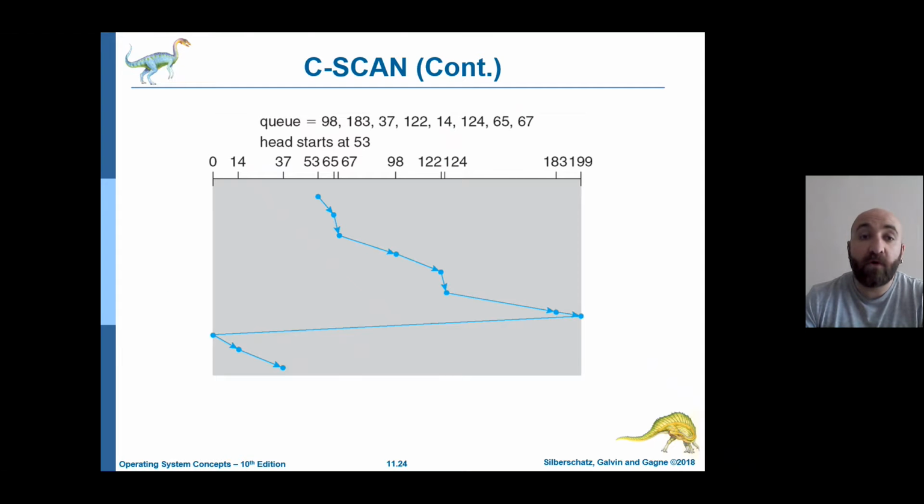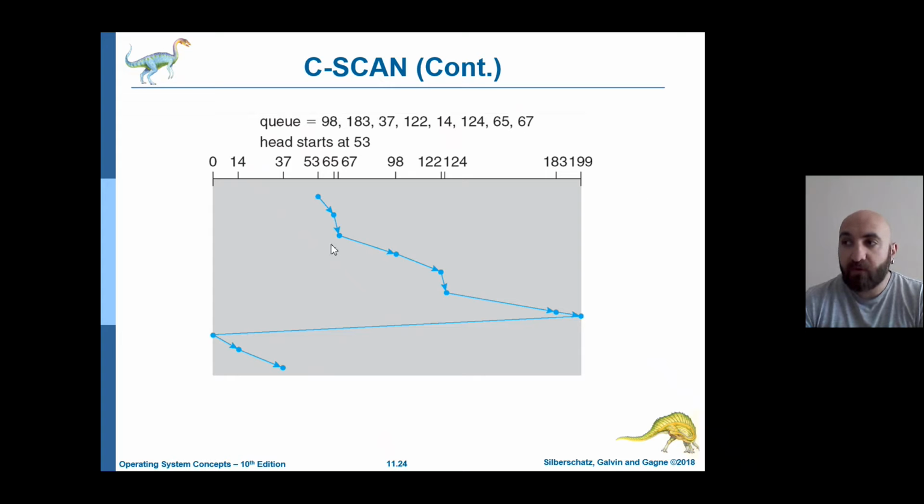Here again, we need to know the direction of head movement in which the requests are scheduled. Here we are assuming, as in the previous example, that our head is moving toward 199. Again, our head is starting from this point, our queue is the same, so the movement direction is that way.